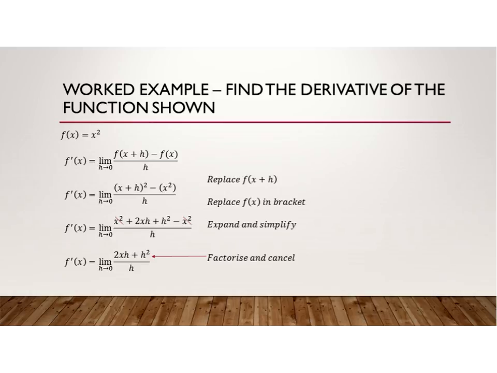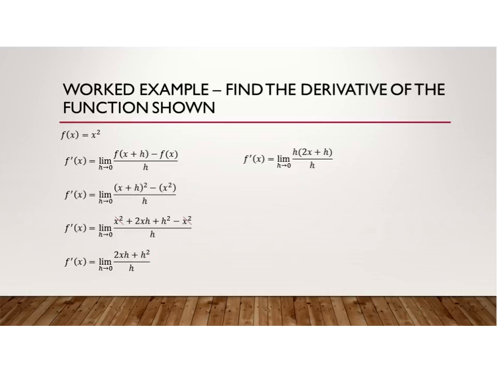We know the next step is that the numerator must be able to be factorised. You must be able to take an h out of it, because while we've got this h in the bottom, that won't work because the h is going to 0, which makes it infinite. So we now factorise the numerator by taking out the h, cancel the h's there, and it just leaves 2x plus h.